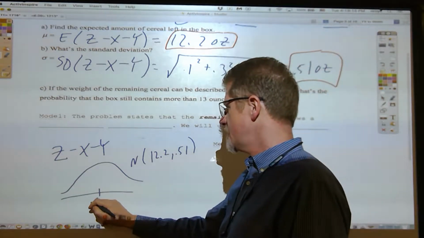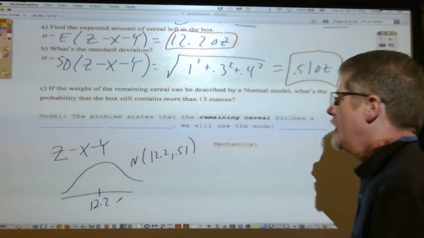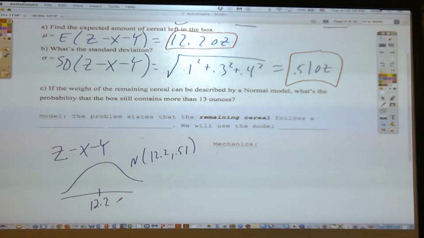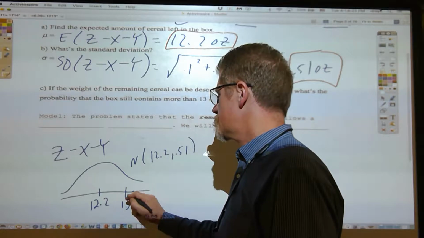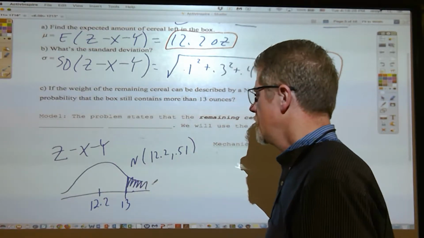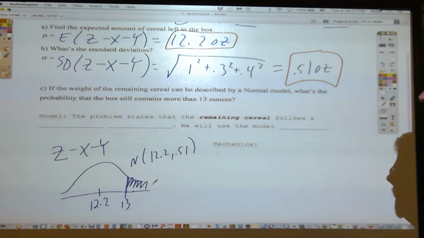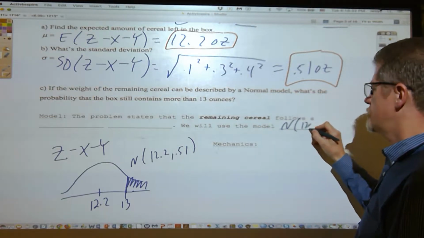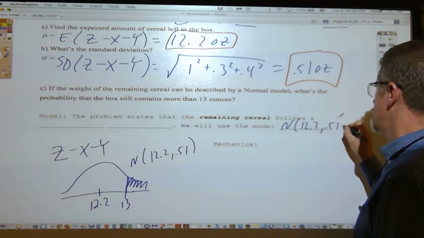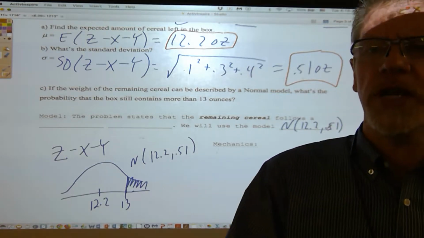So put the center at 12.2. And okay, so wow, we still have more than 13 ounces left. So the cutoff is 13, more than 13 ounces. So try to find this probability. I'm going to ask you to use the normal model 12.2 comma 0.51. Try this one on your own. Finish it up, I'll press pause.